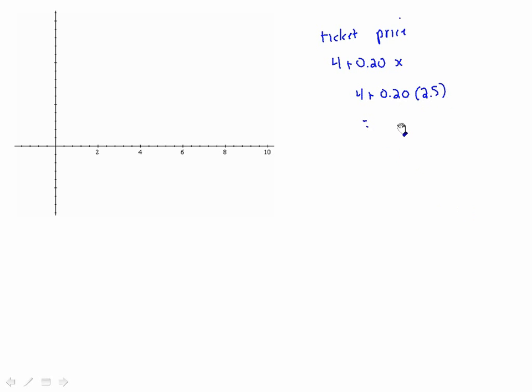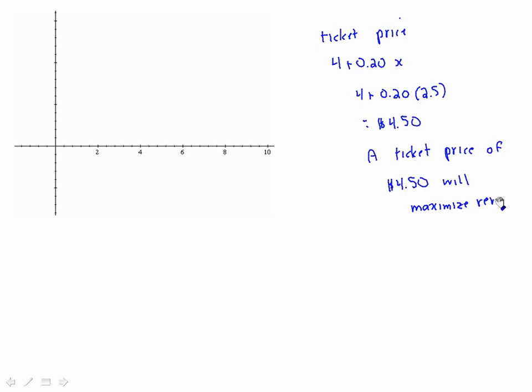So that's equal to $4.50. So a ticket price of $4.50 will maximize revenue.